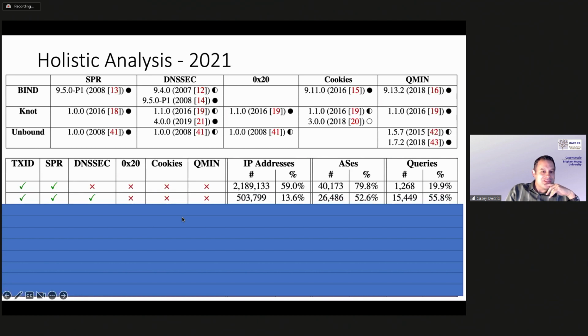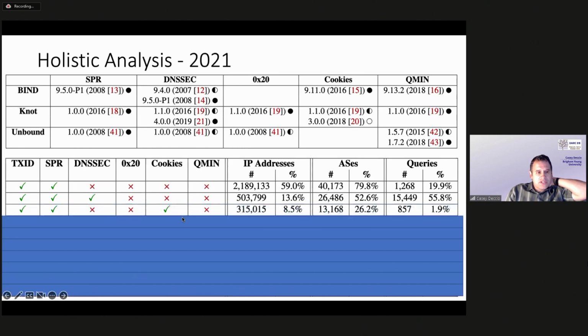Then the next highest was 13%, where we saw the addition of DNS-OARC validation, and that contributed to about 55% of queries. You can see there's a breakdown of everything, and obviously I can't go through everything here, but again, this is 13% of querying IP addresses contributing to about 55% of queries, so this one's over half. The previous one was only about 20% of queries.